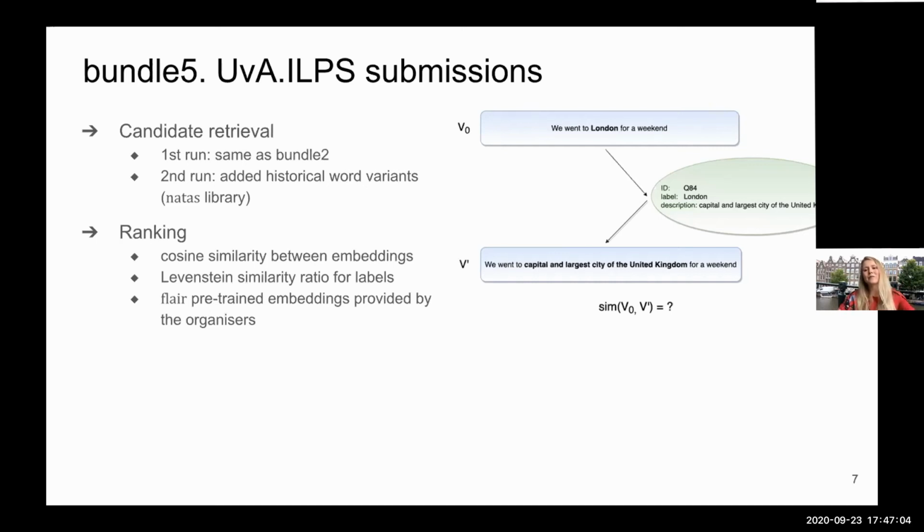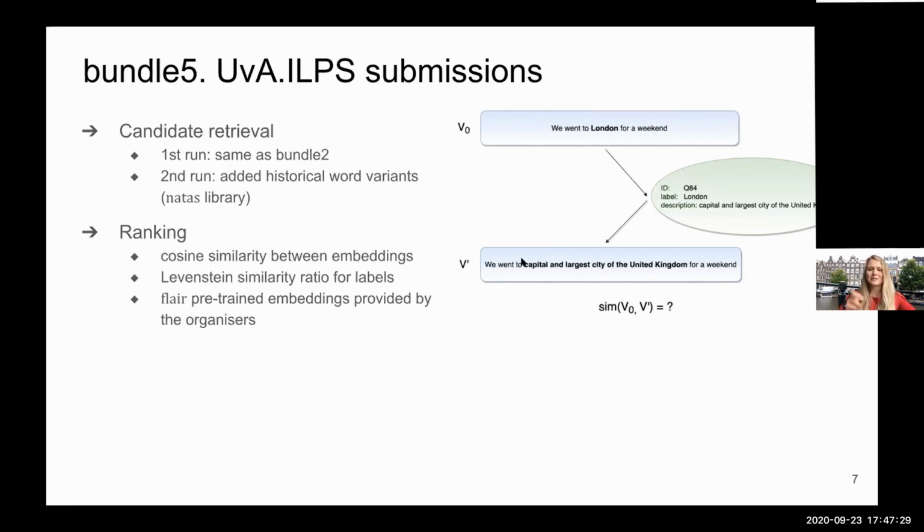So we take the description of each candidate and we replace an entity mention in the sentence with the candidate description, and we get a new vector. And if this vector doesn't take us too far away from the initial one, then the meaning hasn't changed too much, and so probably the candidate is a good one.